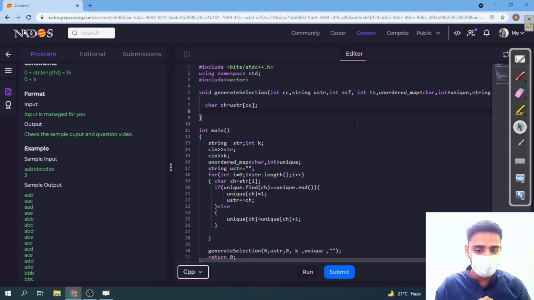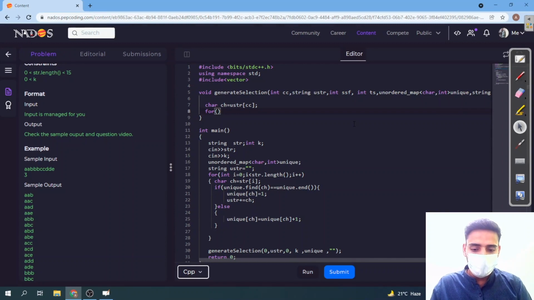Now what we are going to do, we are going to check how many occurrences this character has in our string. So we'll run a loop also just to manage the occurrence of that character. If its occurrence is 3 times, we have to create its 3 occurrence, 2 occurrence, 1 occurrence, and 0 occurrence also in our answer. So we are using a for loop for that.